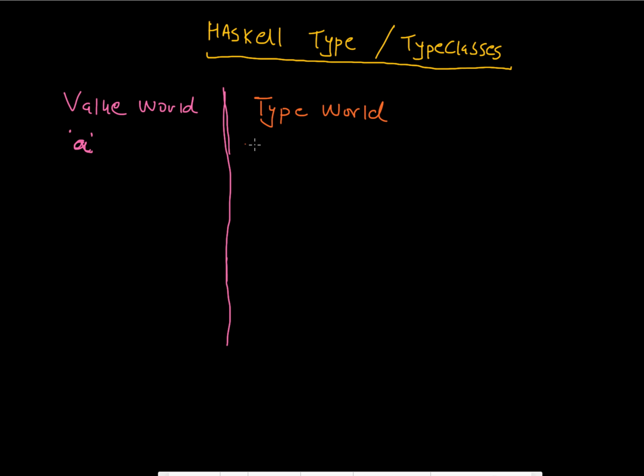In this case, the type for character 'A' happens to be a Char, just a character. Likewise, if I were to have a string, let's say, I don't know, let's just use my name here, Abbas. You must have already guessed that this value has a type associated with it, which happens to be a String.